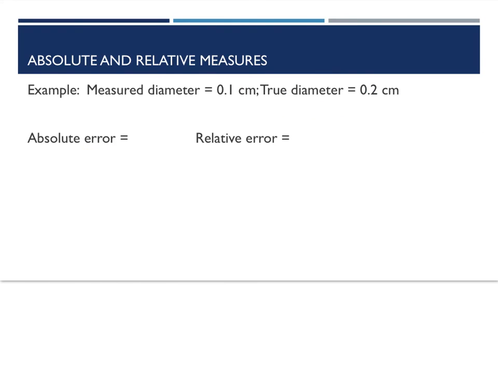And last but not least, this time I measured short. It's supposed to be 0.2 centimeters, but I only measured 0.1. If I made the measurement short, I subtracted from the true weight, which means my error should be negative. So I have to take 0.1 minus 0.2 to get a negative 0.1 as my error.